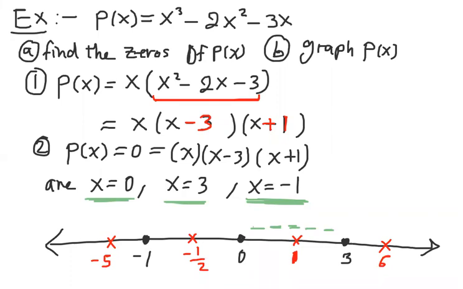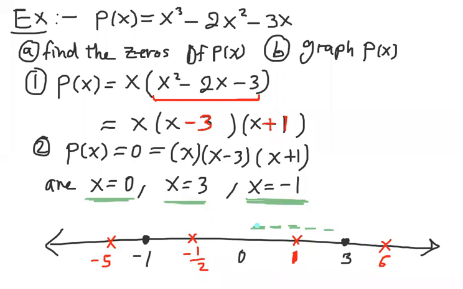Between -1 and 0 will be positive. Again, check it by yourself. Just plug b of -half inside the polynomial, and it gives you a positive sign. Also, for any number greater than 3, hold on one second. Here it's different.